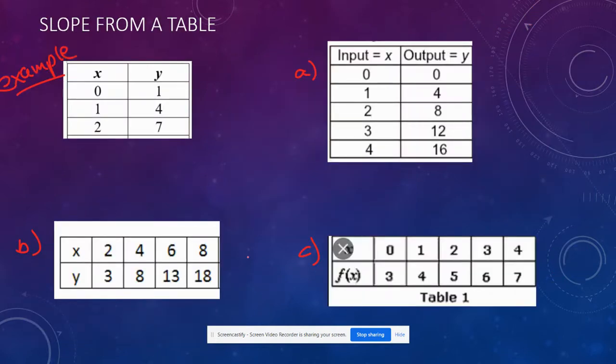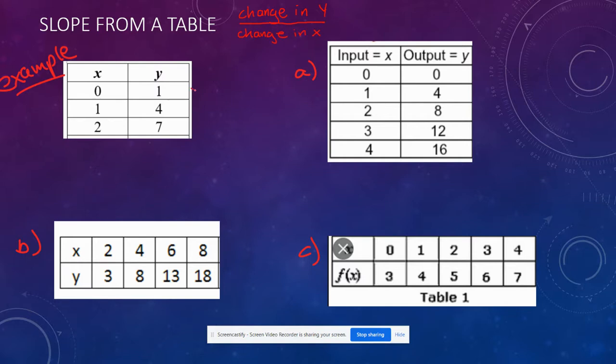Our next idea was slope from a table. And again, the change in y is our rise. Change in y, which is what we were just finding on the graph. We were going up or down on the y-axis, or the y grid line, and then going over on the x. Change in x is the denominator.